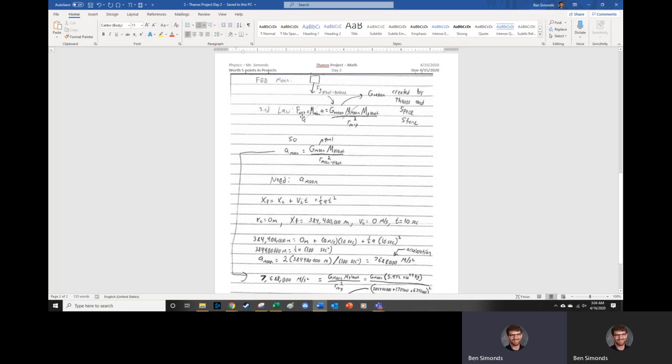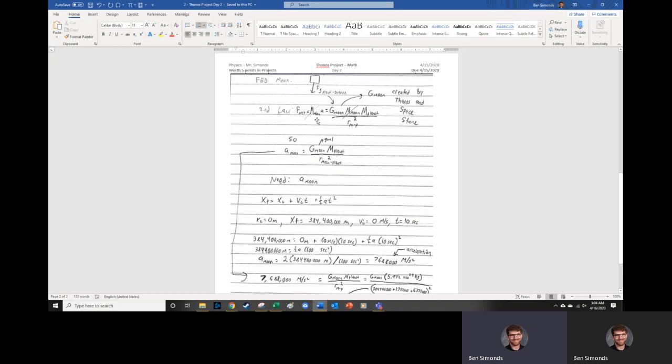So F net, Newton's second law, is very important here. We look at the net force on the moon, and in this case, the net force on the moon is just gravity. There's only one force, so that is the net force. That's all of the force. The whole force is gravity. So F equals ma, that's what we started with. F net equals ma, m being the mass of the moon.